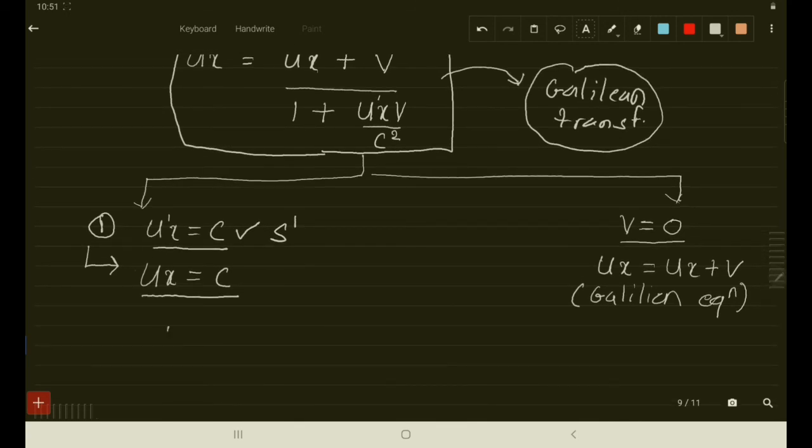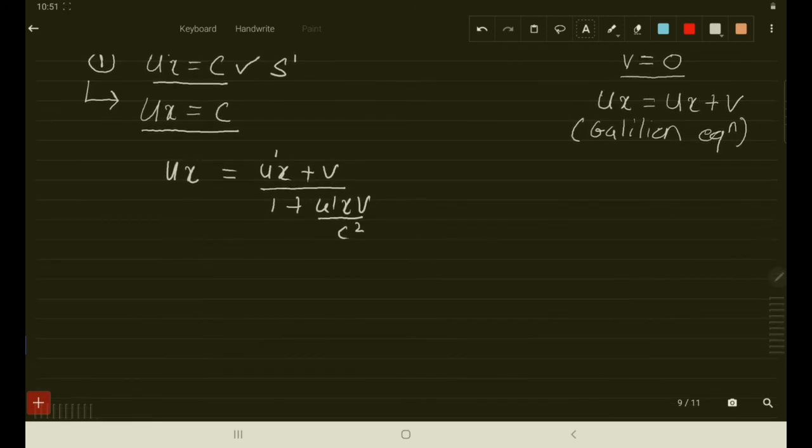We have ux is equal to u dash x plus v, the whole divided by 1 plus u dash x v by c square. Now we replace u dash x by c: c plus v divided by 1 plus c v divided by c square.